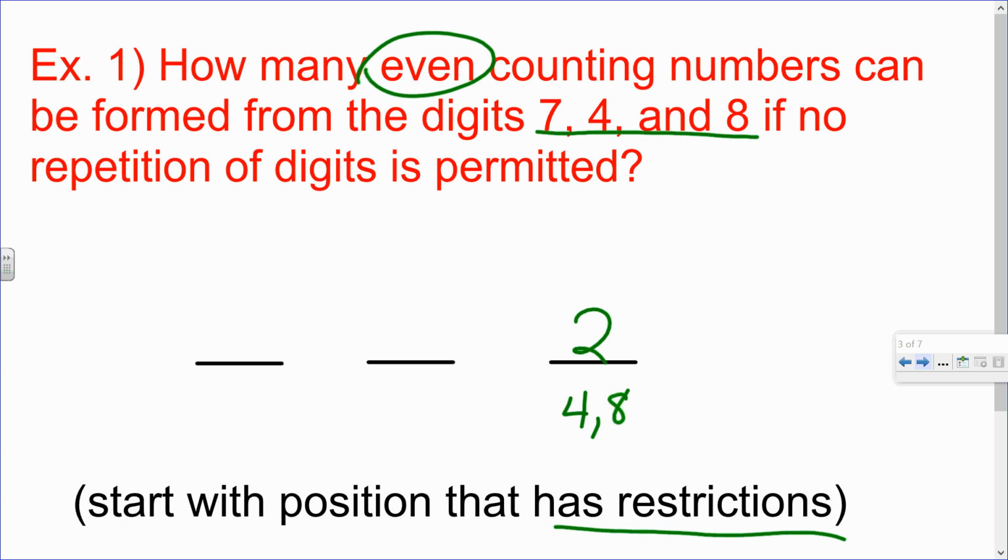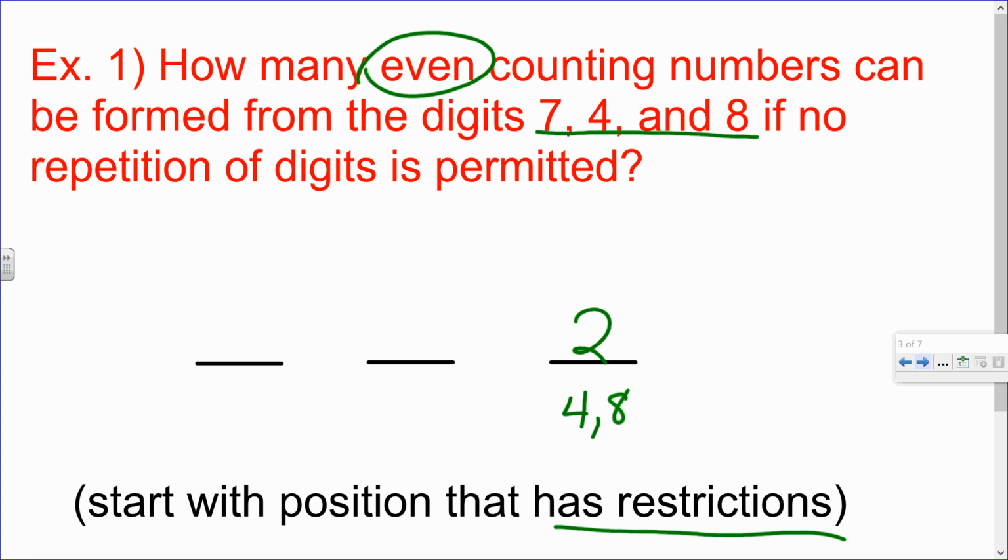So how many choices does that mean I have for the ones digit? 2. No particular restrictions on the others, so it doesn't matter which one I do first. But when we have a restriction, we want to try to start with the restriction and not just go left to right. Once we've taken care of the restrictions, we can do any order. So I don't know if I just used 4 or 8, but I put a number in the one spot. And let's say I decide to fill the hundreds next.